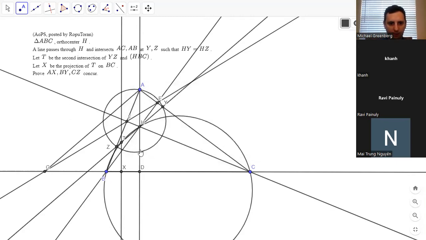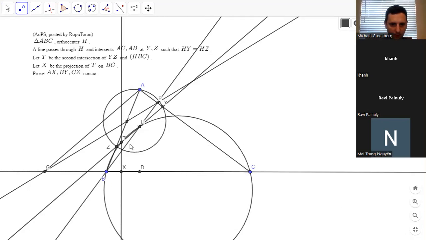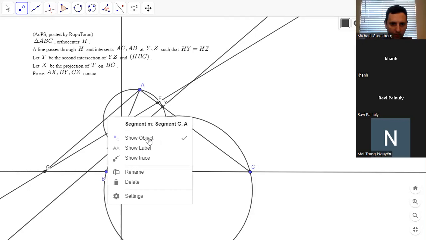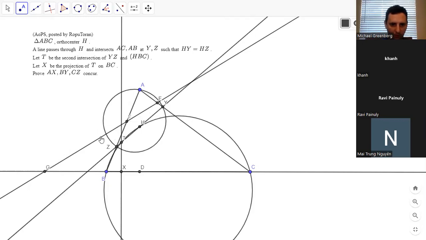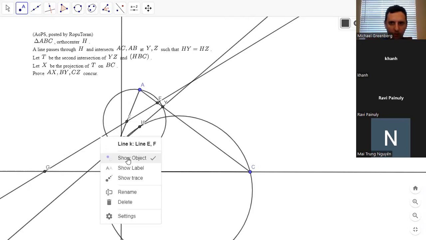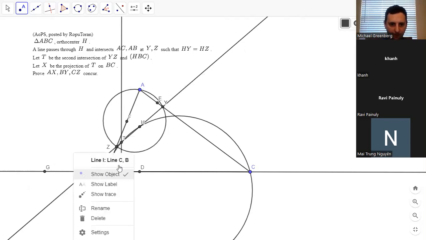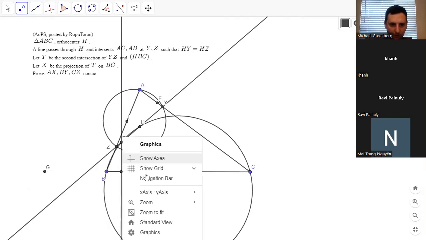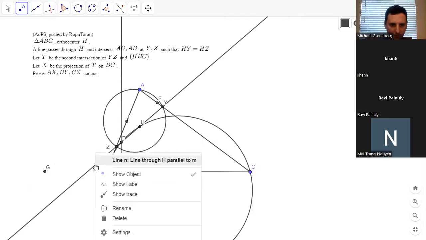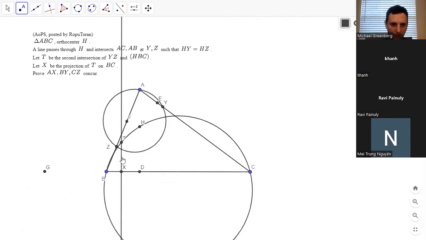Let's hide a bunch of stuff. Basically hiding almost everything. And then I'll draw it back.